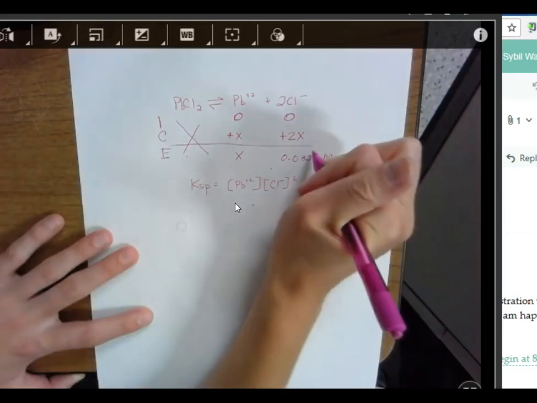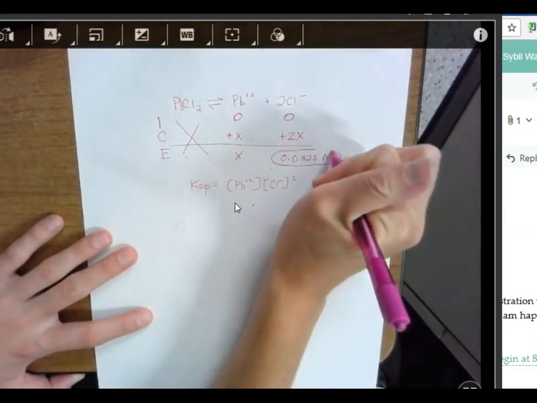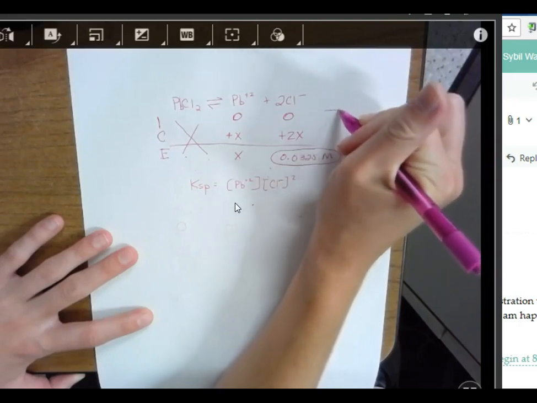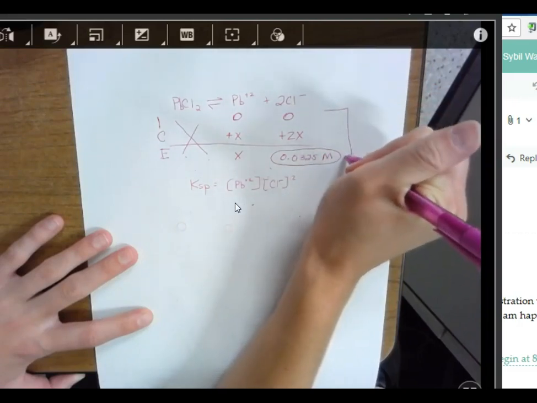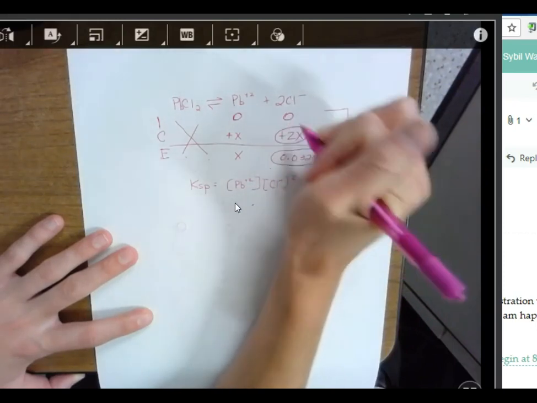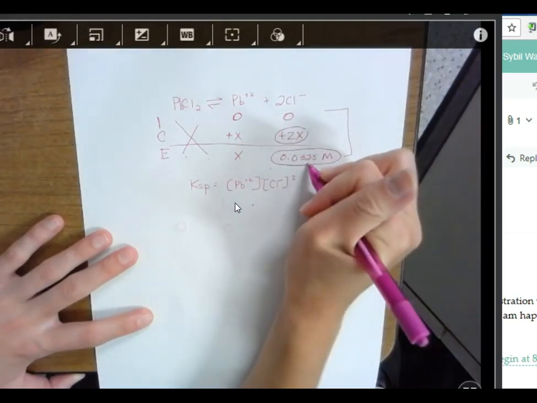Alright, I know my concentration of my chlorine, and I know that it started out at 0, because I'm starting with just pure water, and now I have a saturated solution, and it's plus 2x. So 0 plus 2x led me to this concentration. So that can be an equation: 0 plus 2x equals 0.0325.